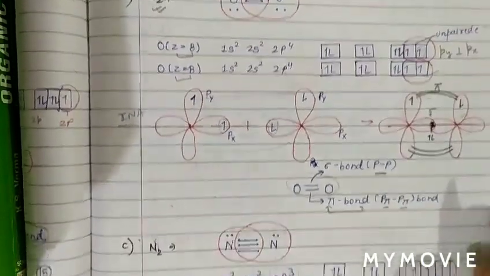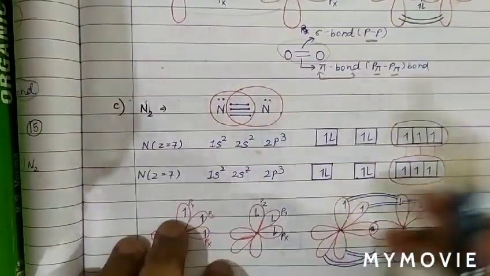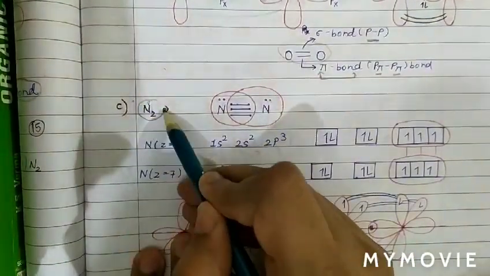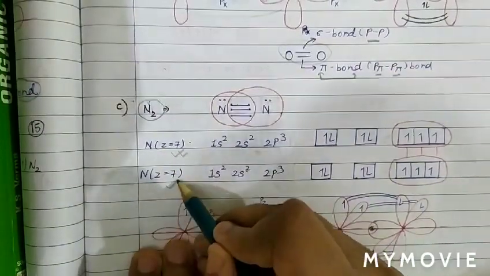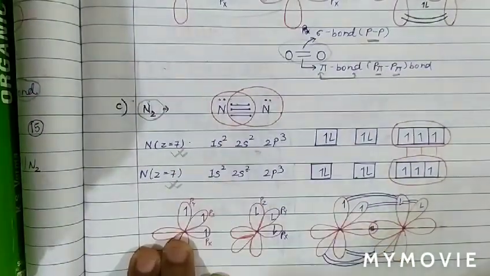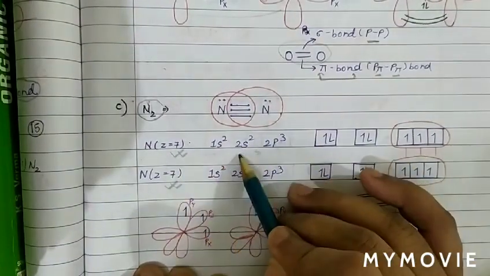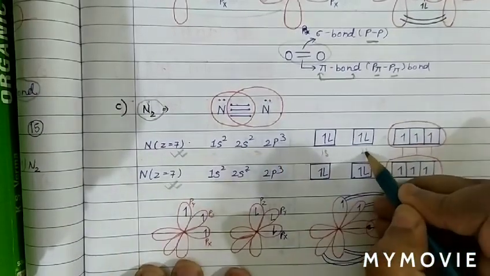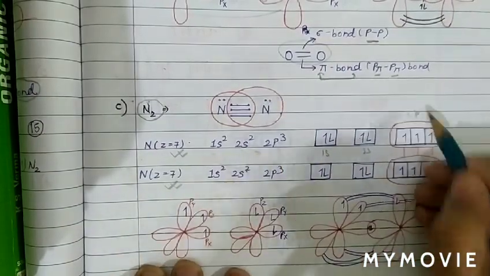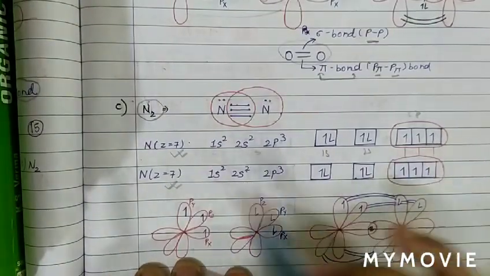The next molecule we are discussing is the N2 molecule. Nitrogen has atomic number 7, and the other nitrogen also has atomic number 7. The configuration of a nitrogen atom is 1s2, 2s2, 2p3, so there are 3 unpaired electrons in 2p.